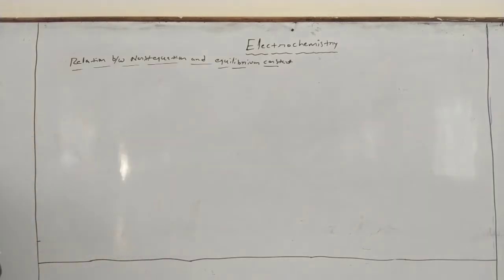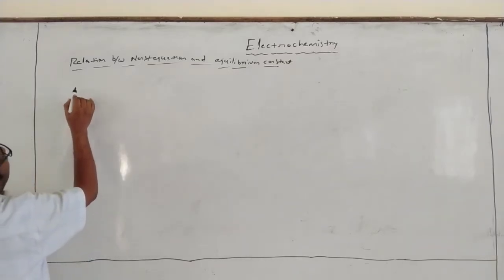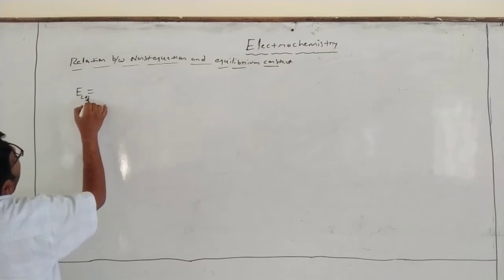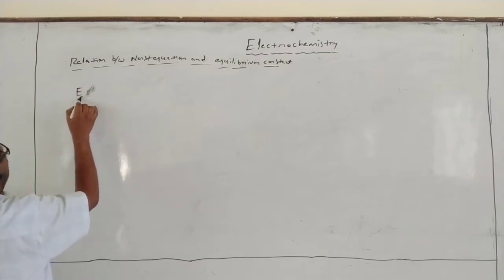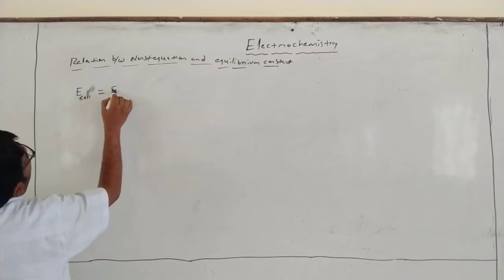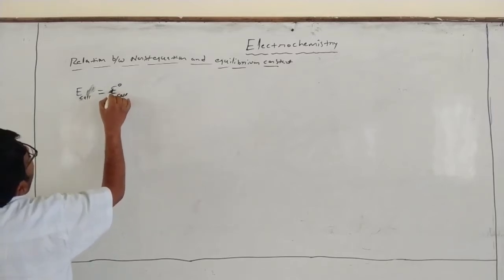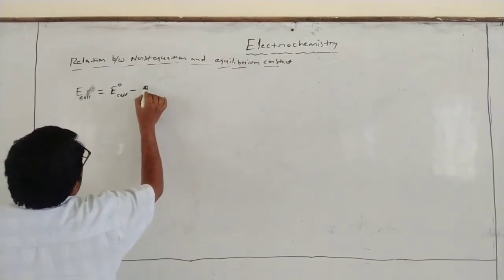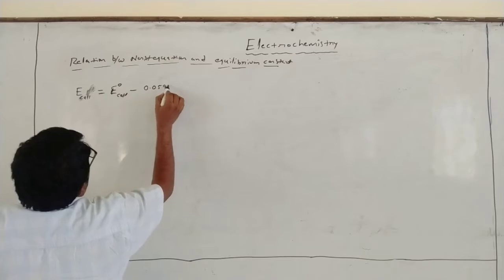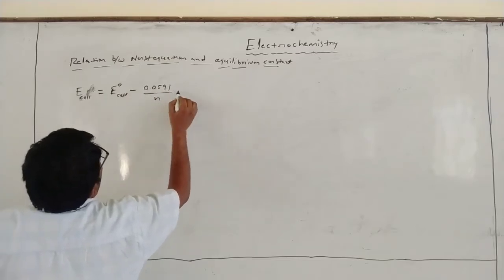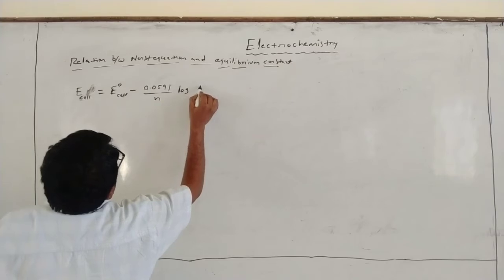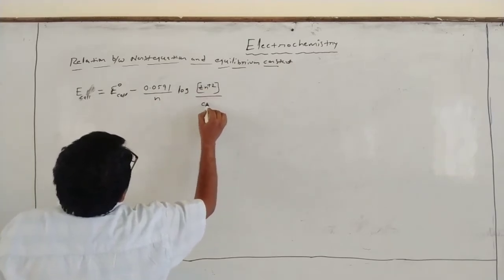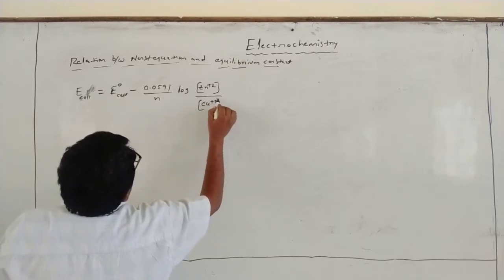So from the Nernst equation we can write E cell is equal to E naught cell minus 0.0591 by n log of Zn plus 2 ion concentration by Cu plus 2 ion concentration.